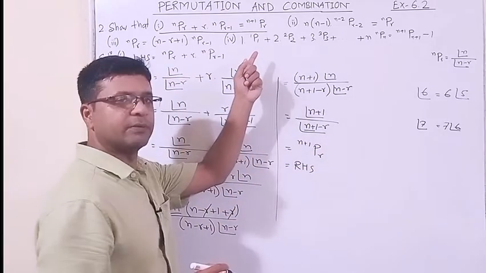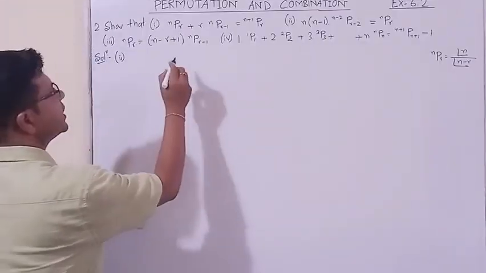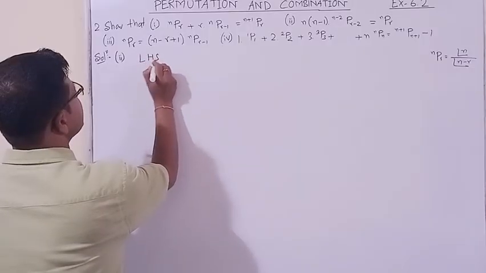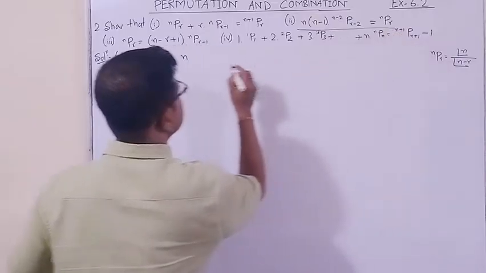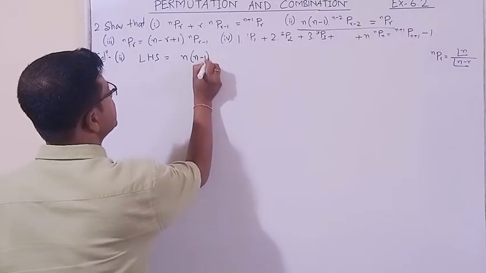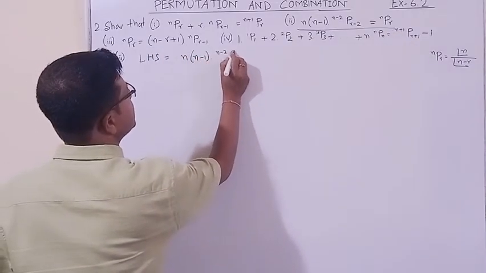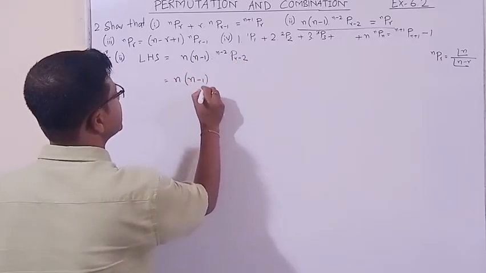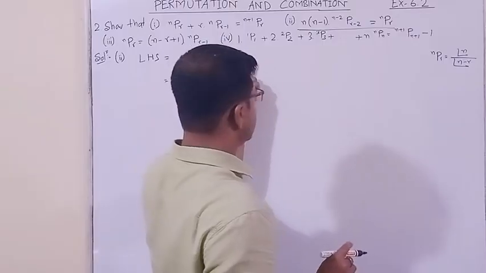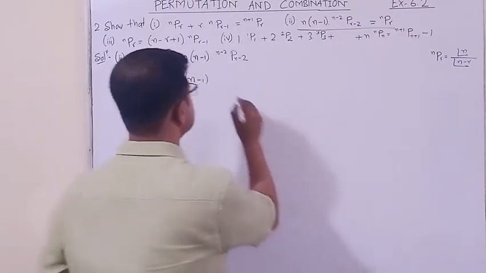Now let us do the second one. Let us write the left hand side. This is n into n minus 1 into n minus 2 up to n minus r plus 2. So this is n into n minus 1. Here we shall use this formula again. So what is this?